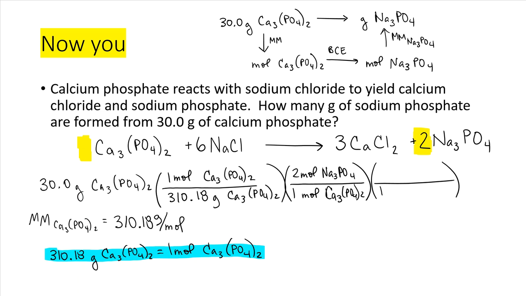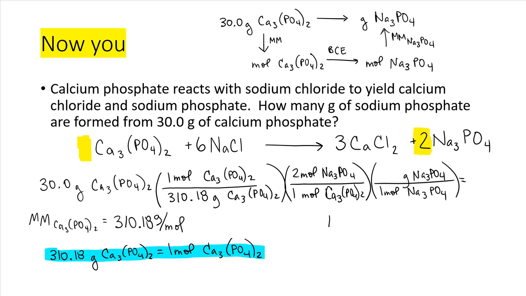And last but certainly not least, 1 mole of sodium phosphate. We have to figure out how many grams that is. You go from moles to grams by the molar mass. So let's figure out the molar mass. We have 3 sodiums, so that's 3 times 22.99, plus 1 phosphorus, 30.97, plus 4 oxygens, 4 times 16, which is 163.94.